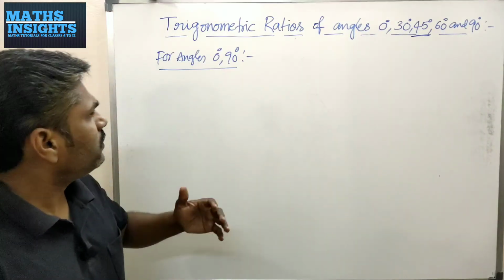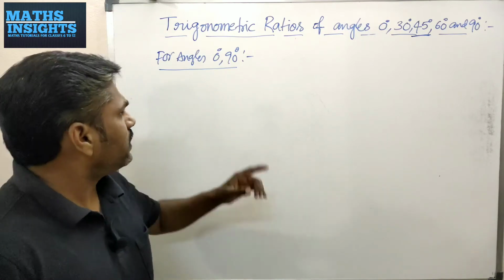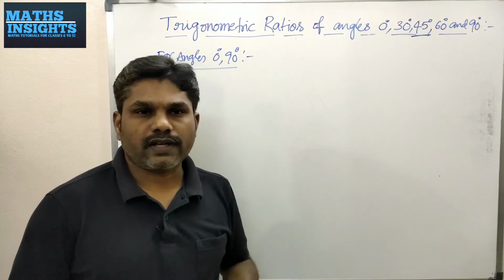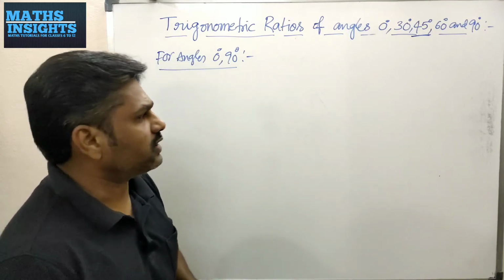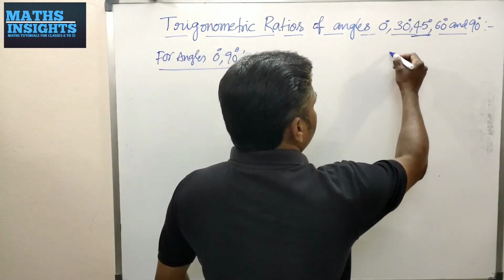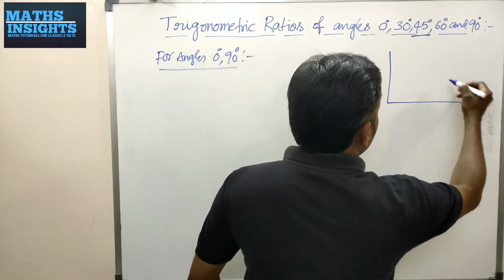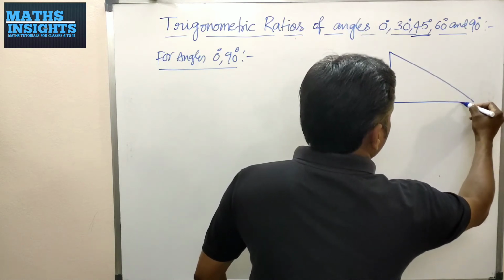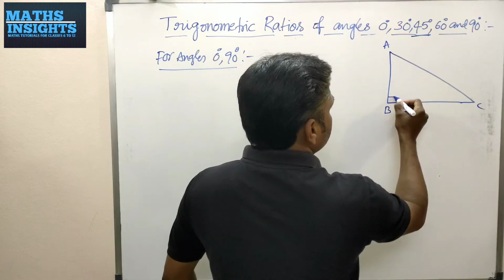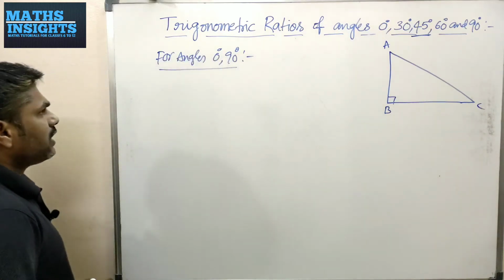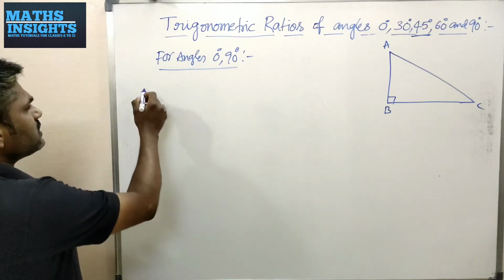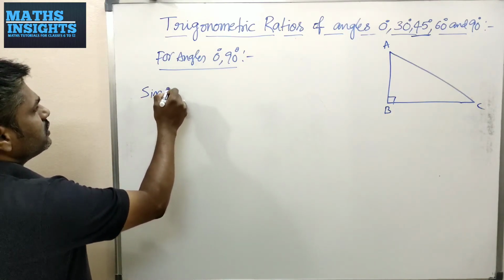Next, we will find trigonometric ratios for angles 0 and 90. These two angles are somewhat tricky, so you have to concentrate more on this. In the similar manner, I will take a right angle triangle. Let it be triangle ABC. Okay, this is A, B, C, this is 90 degrees. Then I will define trigonometric ratios for 0. First, I will take sine 0 degrees.